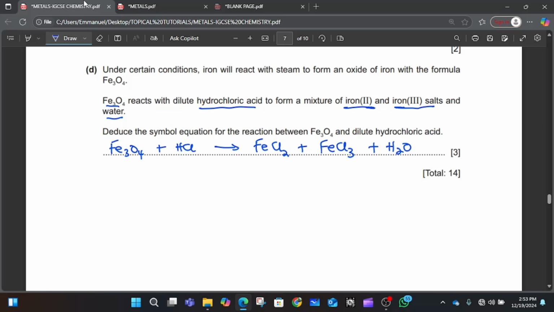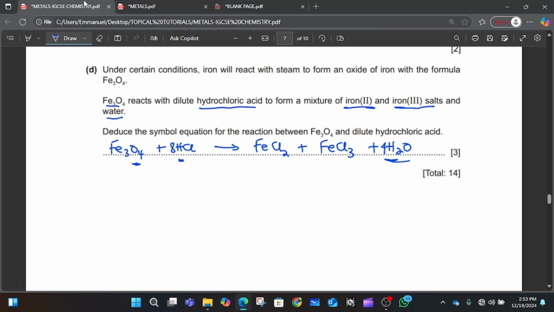To balance this equation, oxygen is 4 at the reactant side, but 1 at the product side. So we have to put 4 here. The moment we put 4 here, hydrogen is 8 at the product side, but 1 at the reactant side. So you have to put 8 at this side.